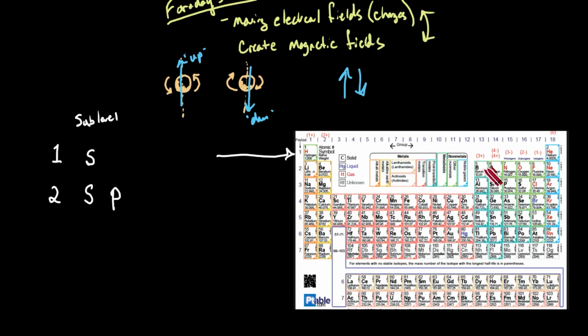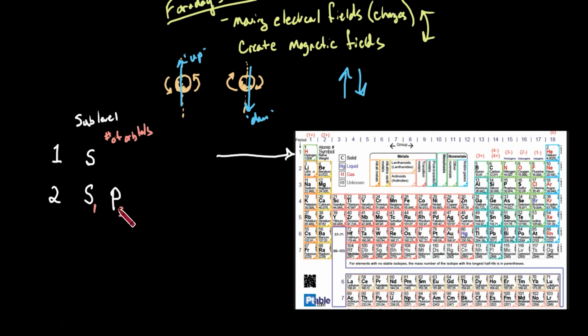And P has 3 different orbitals. All right, so sublevel, and then let's do number of orbitals. Okay, this has 3 orbitals. Okay, S only has 1.